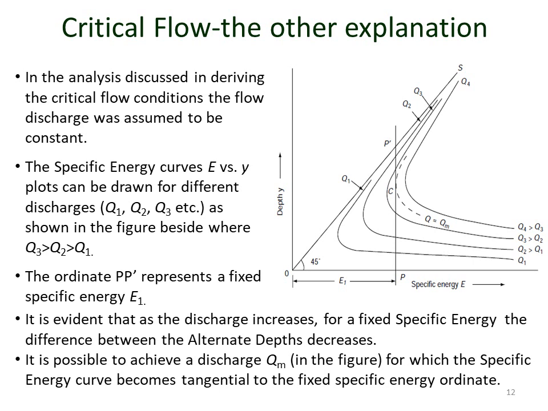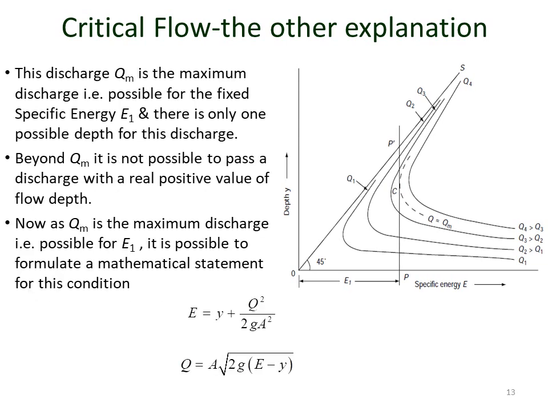From the discussion we had before, you can imagine the condition of becoming tangent represents the minimum energy in the specific energy curve for that given discharge. But for that given fixed specific energy, you can guess that this is the maximum discharge that is practically possible.